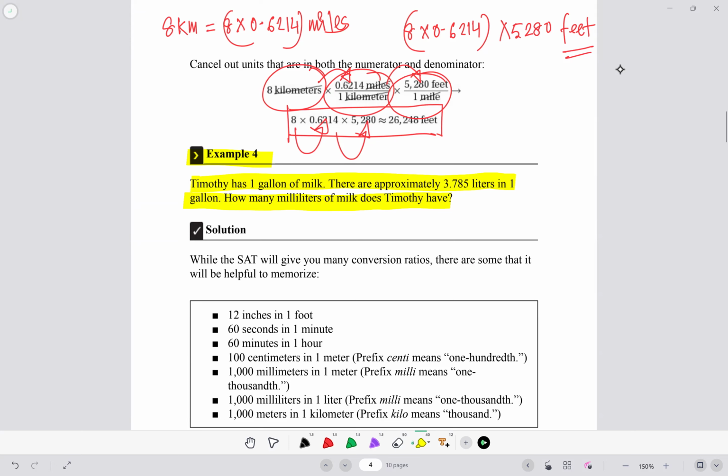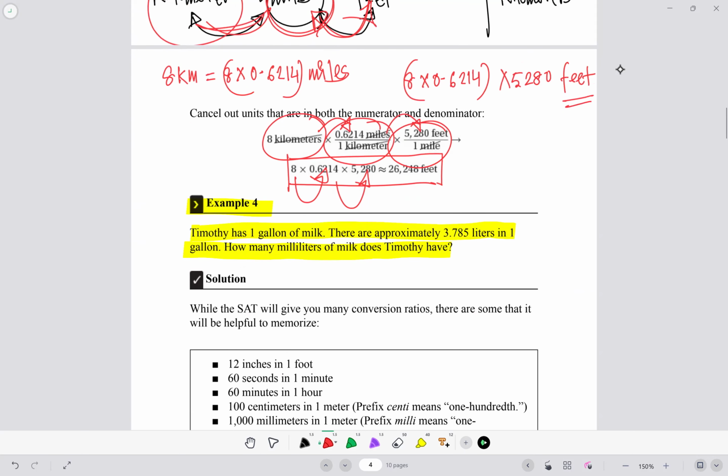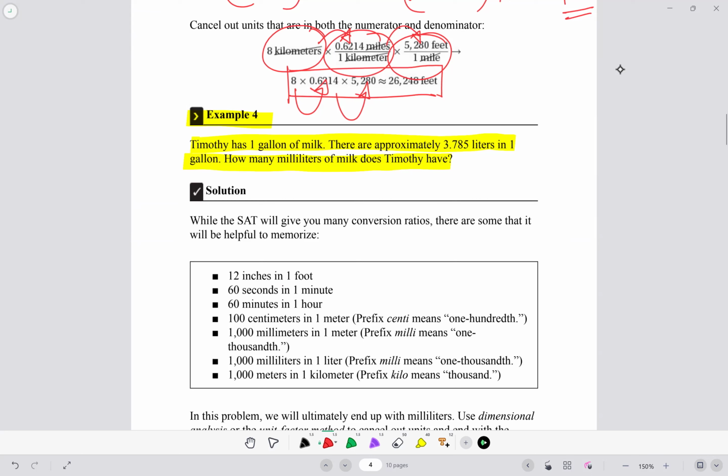So to find it in milliliters, we have 1 gallon of milk, and 1 gallon is equal to 3.785 liters.